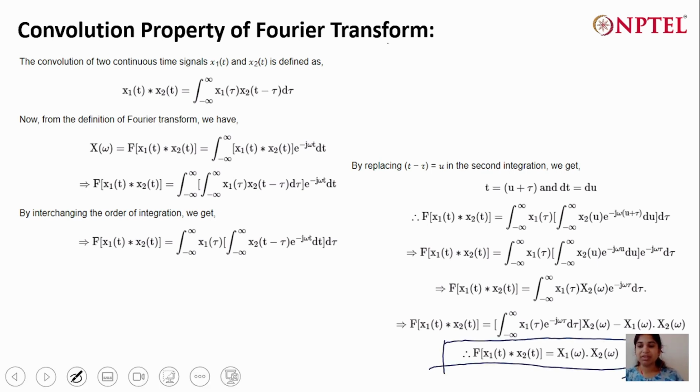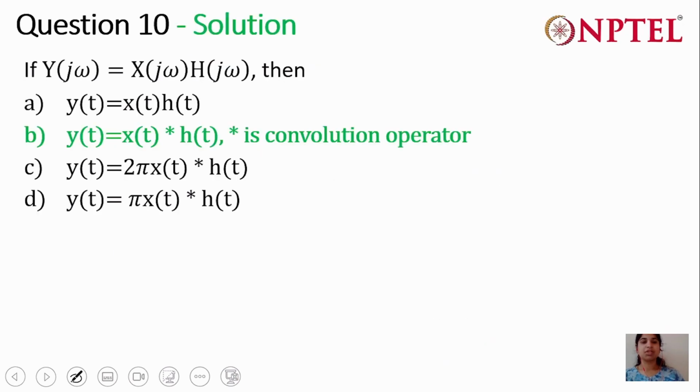I will be uploading this presentation so you can have a look at how we got this. So the solution is B. Y of t is x of t convolved with h of t.